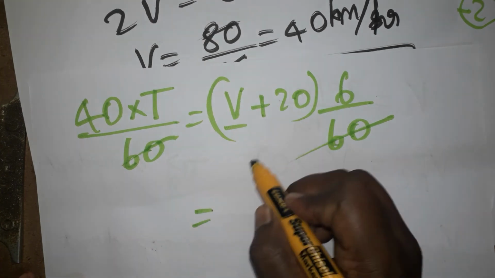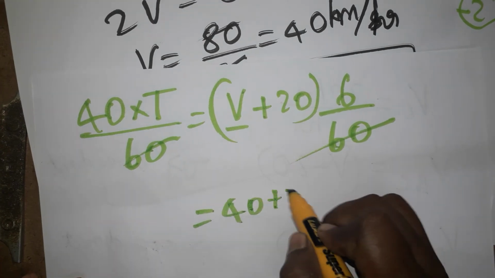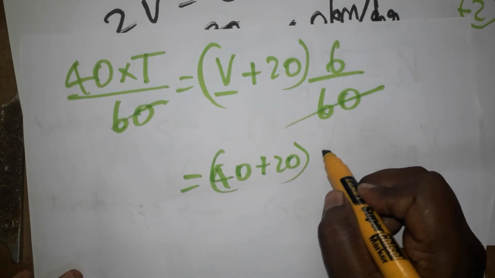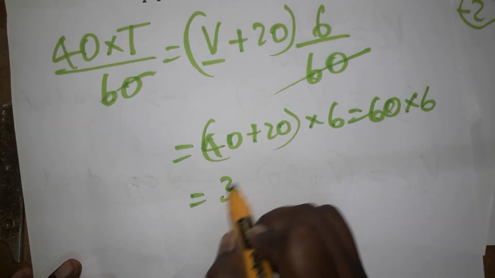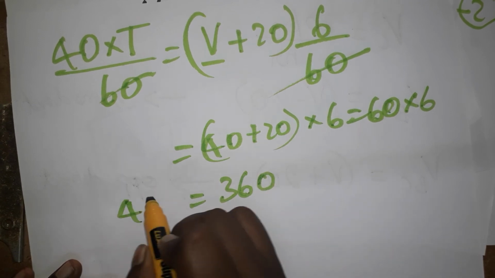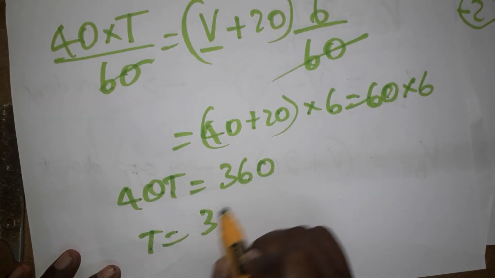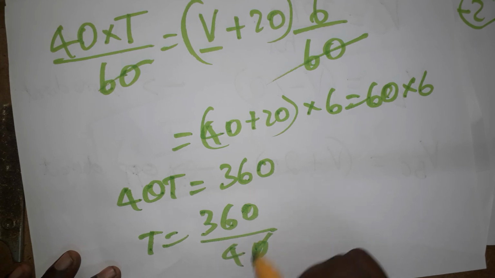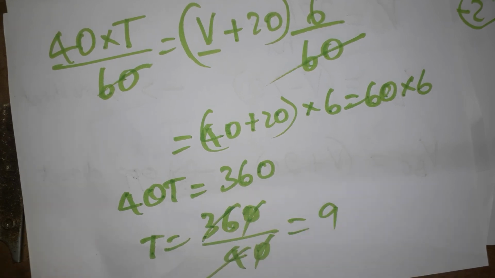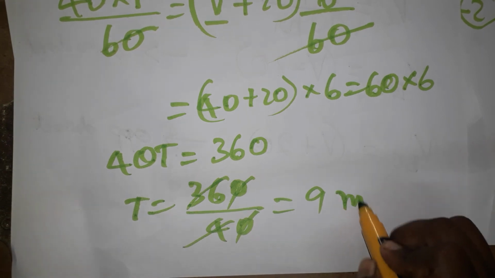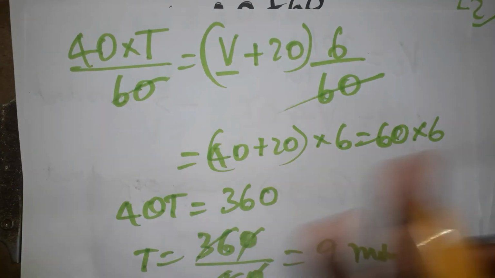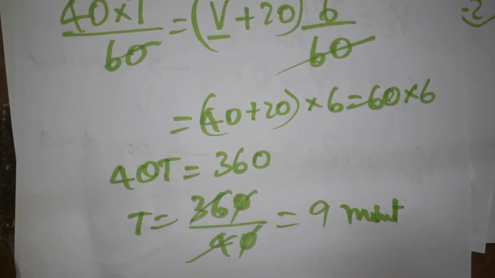V is 40, so 40 plus 20 is 60, and 60 into 6 is 360. So 40 times t is equal to 360, t is 360 divided by 40. The zeros get cancelled, this is going to be 9. It's not going to be 9 hours, that's too long, and it's not 9 seconds, definitely it's going to be 9 minutes. Since the problem is given in minutes and the 60s cancelled, the hour conversion is cancelled, so the answer is 9 minutes.